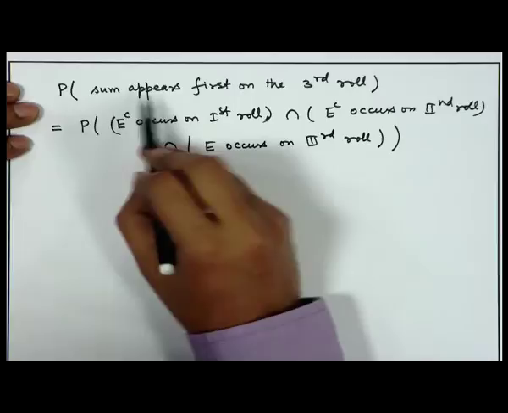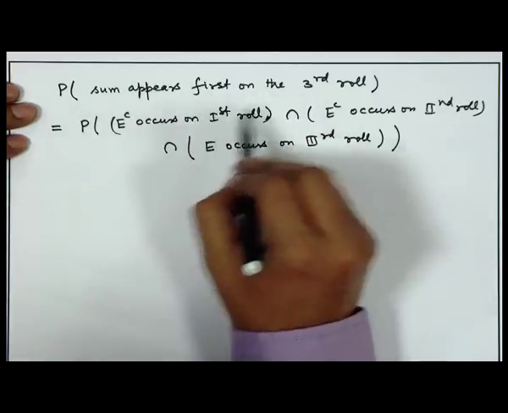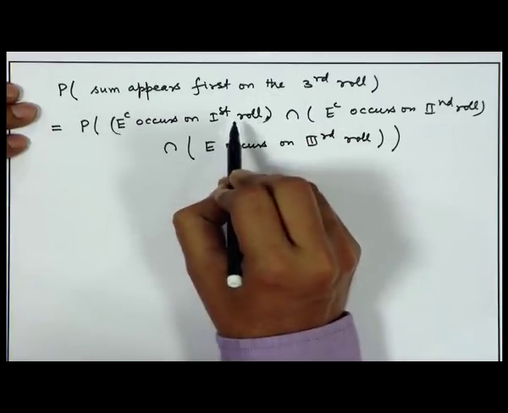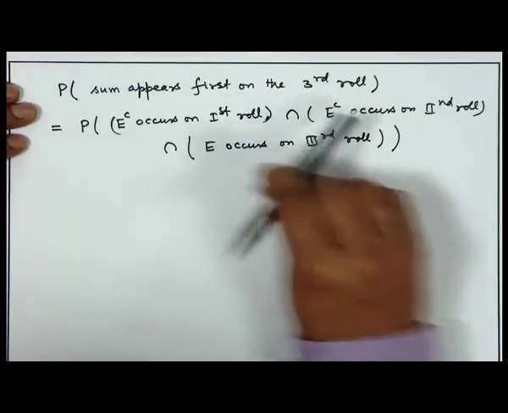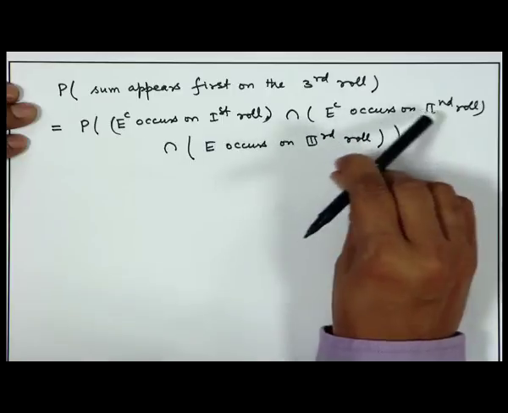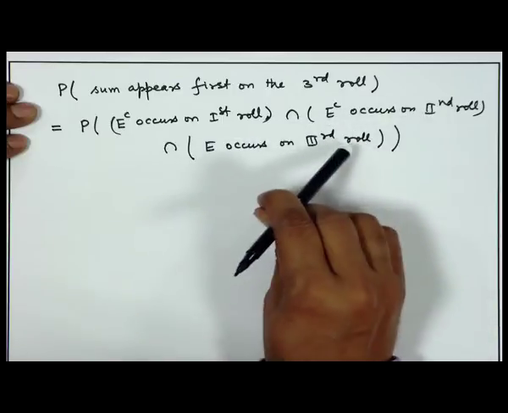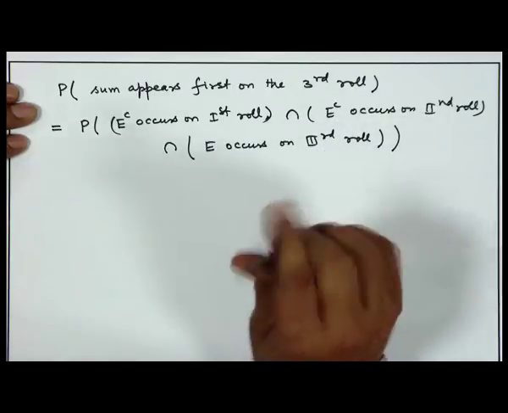So, I have written the event that the sum appears first on the third roll as the intersection of 3 events. So, E complement means that 7 does not occur on the first roll, 7 does not occur on the second roll, and it occurs on the third roll. It is the intersection of the 3 events.